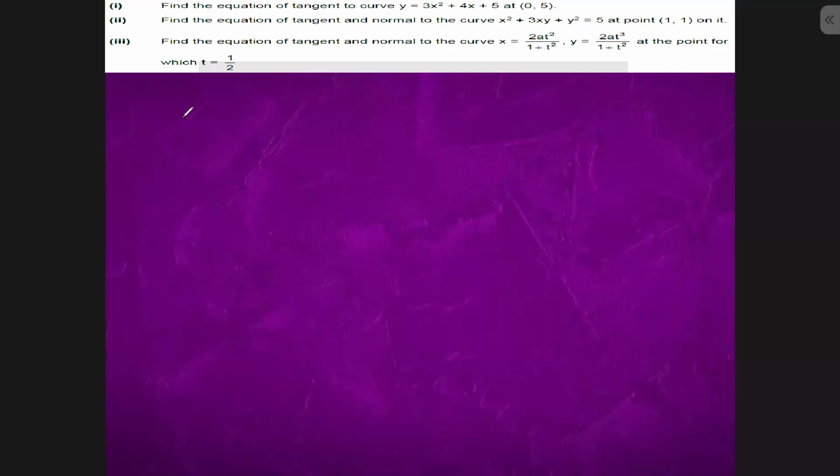So we have to find the equation of tangent to the curve. So we simply know that if we will do dy by dx, which is 6x plus 4.